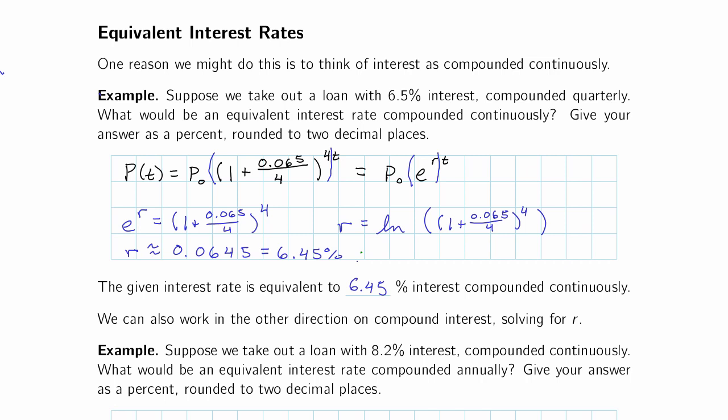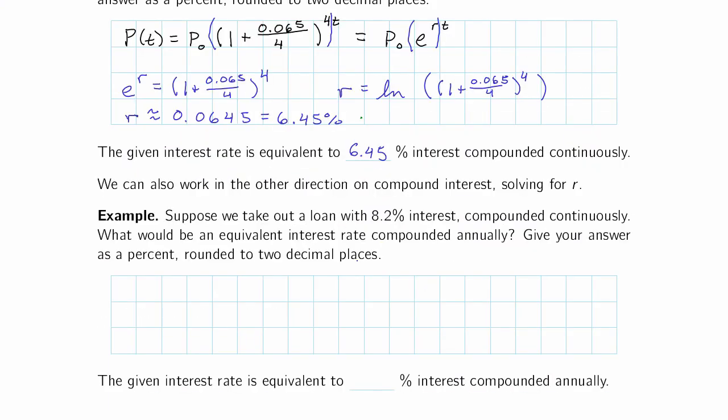We can also go in the other direction and find what the interest rate would be compounded at some frequency. And almost always we're just going to choose the interest rate compounded annually, but we could do this for any frequency with a little bit more algebra. Suppose we take out a loan at 8.2% interest compounded continuously.